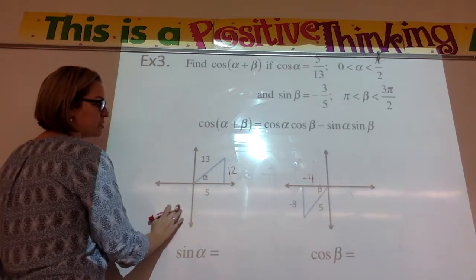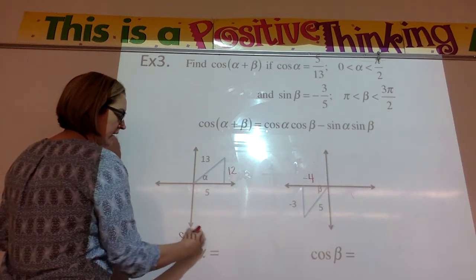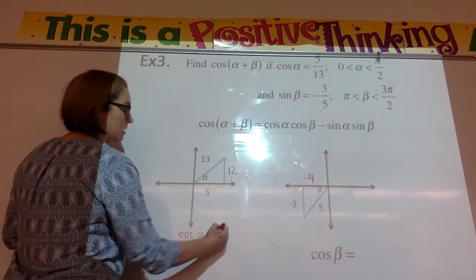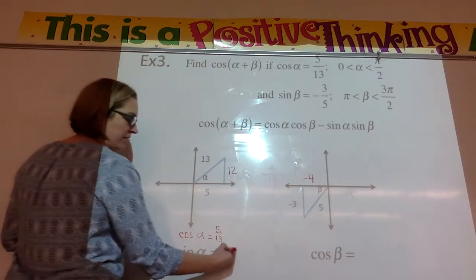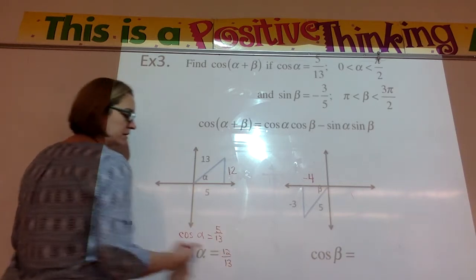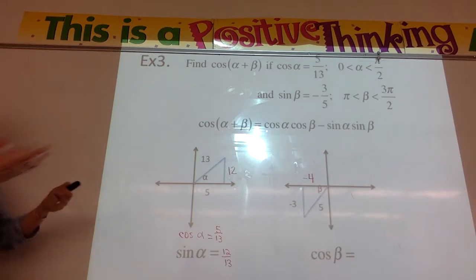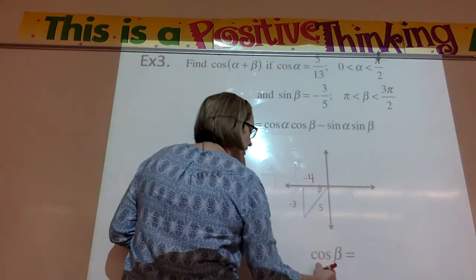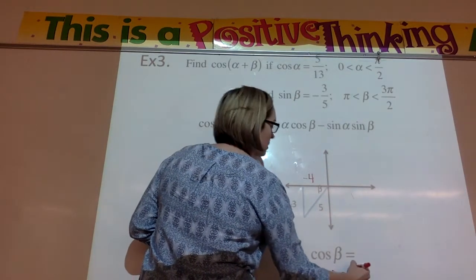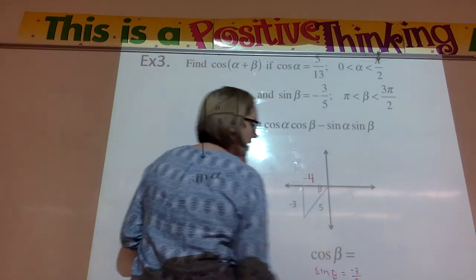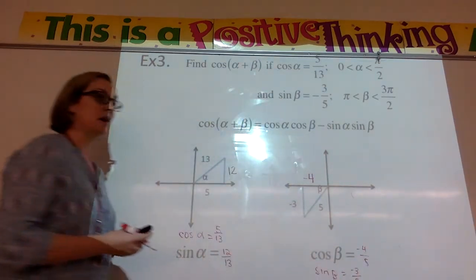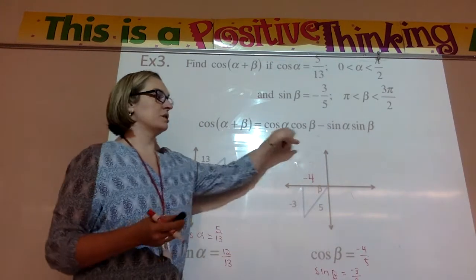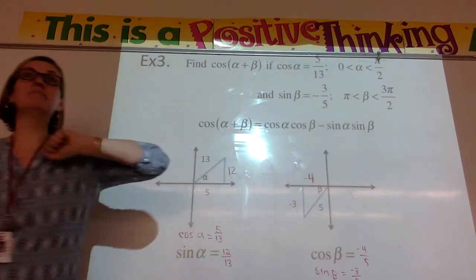So we knew in the first one that the cosine of alpha was equal to 5/13, and now we know the sine of alpha is equal to 12/13. And we knew from the second given information that the sine of beta was equal to -3/5, and now we know the cosine is -4/5. Don't we need these four numbers just to go right into my formula then? Yes.